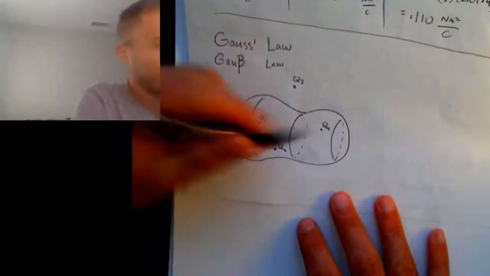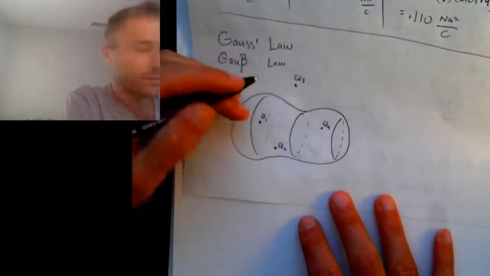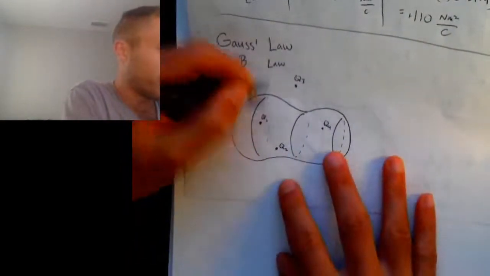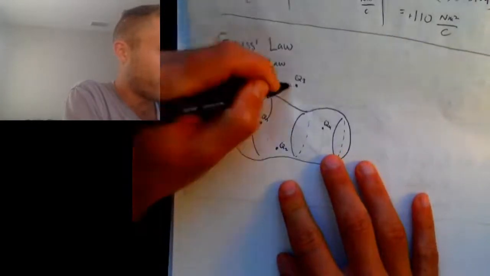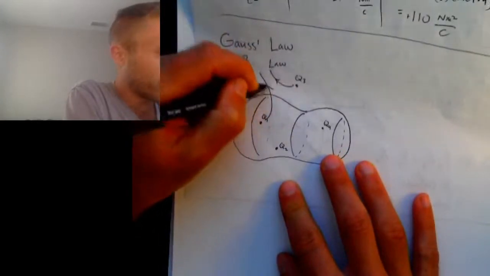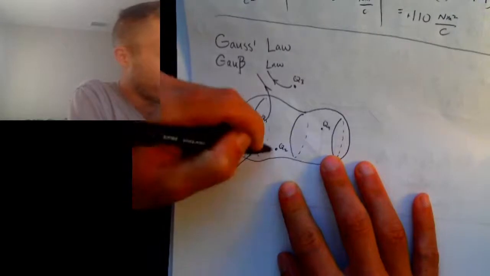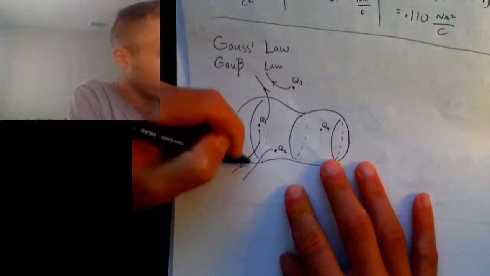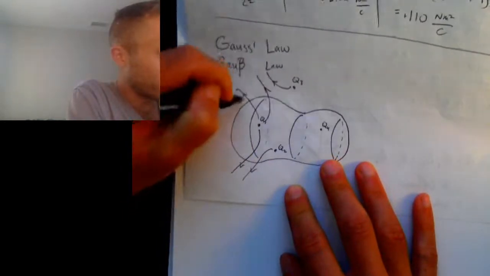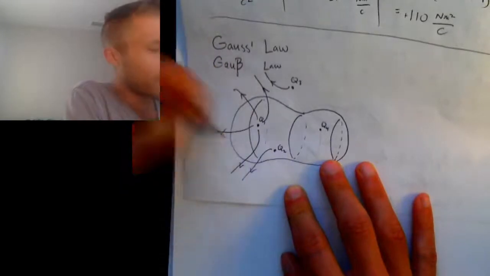So then what we do is, let's assume these are all positive, and we go ahead and make electric field lines. So we say, that's what the electric field's going to look like. So just drawing some electric fields.